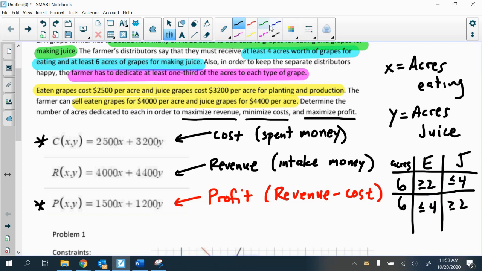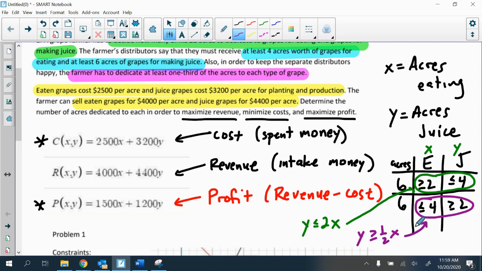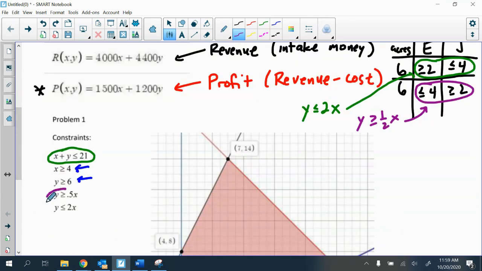So what we see in terms of a relationship is that if I have X is the smaller one, then that means that Y must be less than or equal to 2 times as big, because this represents Y and this represents X. If I have this scenario, Y must be greater than or equal to 1/2 as big as X. So both of those show up here.